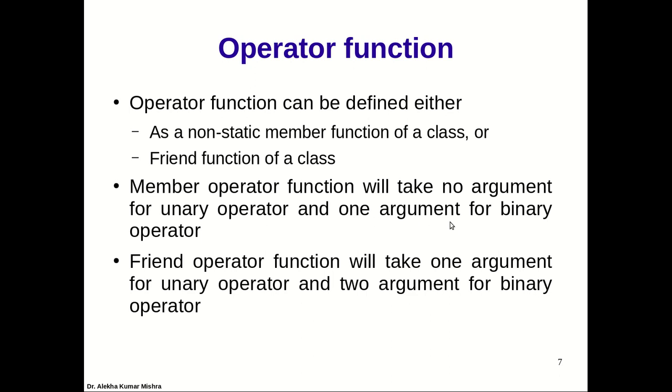So only one argument for the binary case. But when it comes to a friend function, because it's an outsider, non-member function, both objects need to be passed as arguments for the operation. So in that case there will be two arguments. If you see some examples, it will be clearer what it actually does. It's all about a member function or a non-member function.